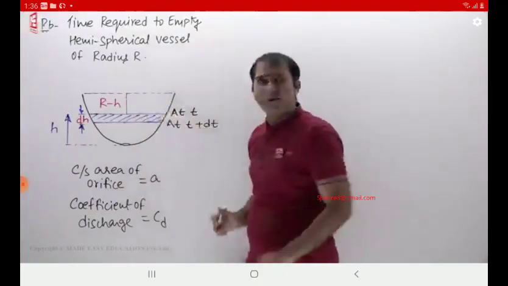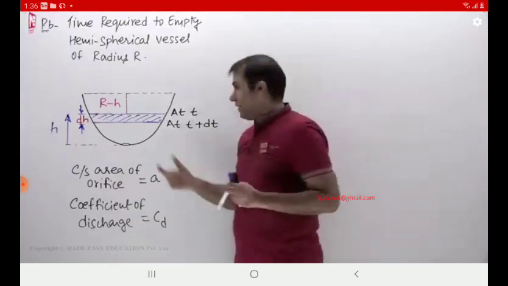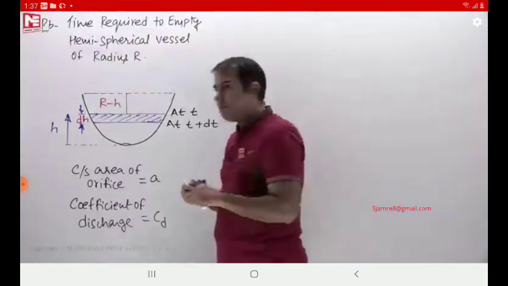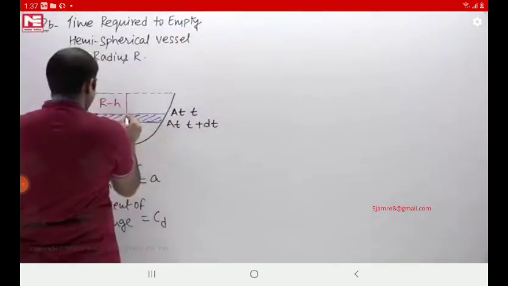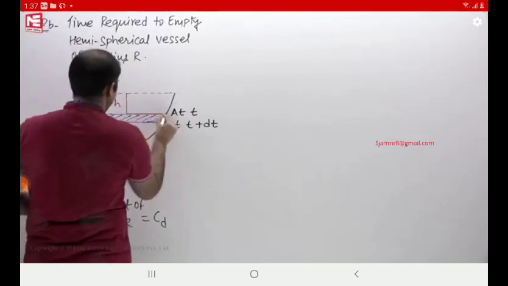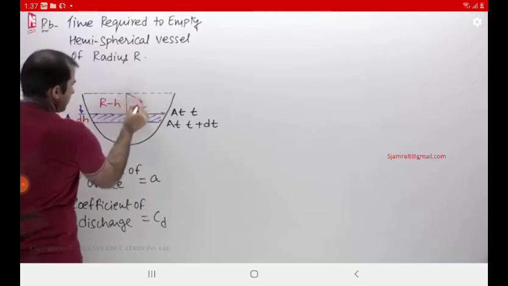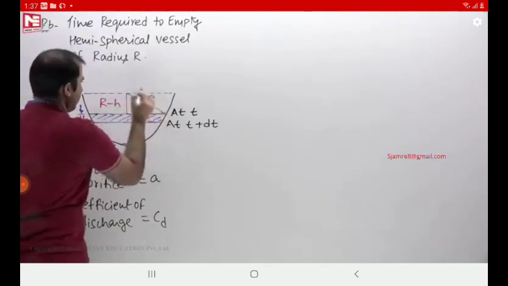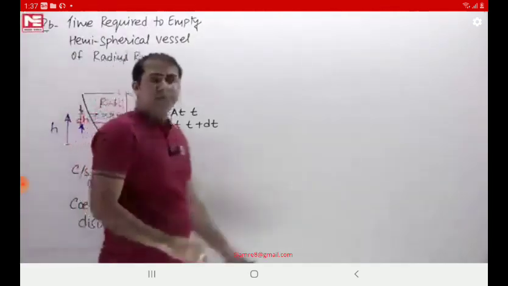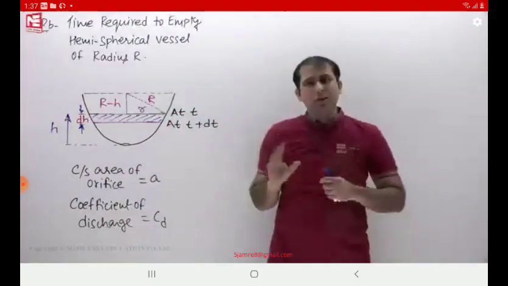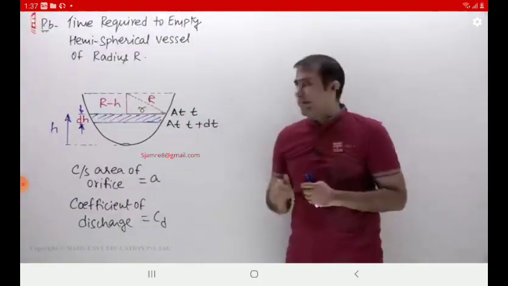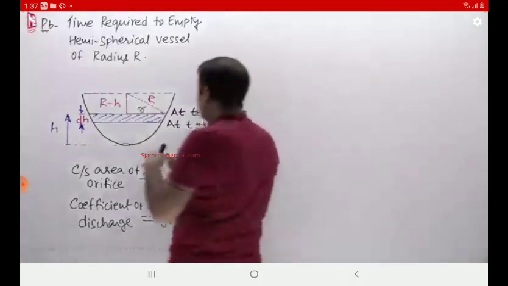This is h, this is R minus h, and this I have taken as small r. So what will be this? This is also capital R. Why I am doing this? That is a part of discussion here. देखिए क्या, small r is this.